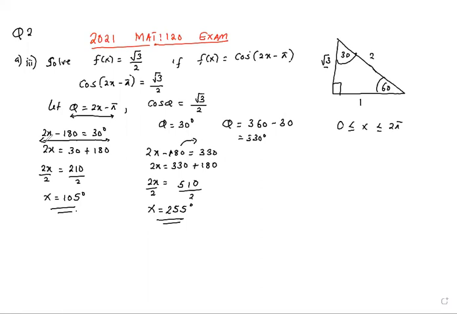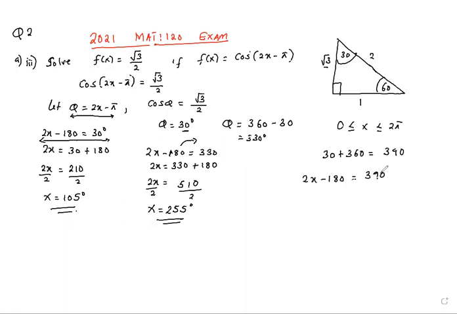So Masa is asking what would happen if we got a coterminal of 30? You know the coterminal: you add 360 to the given angle. So 30 plus 360 would come out to be 390. That's a coterminal. And then you say 2x minus 180 is equal to 390.